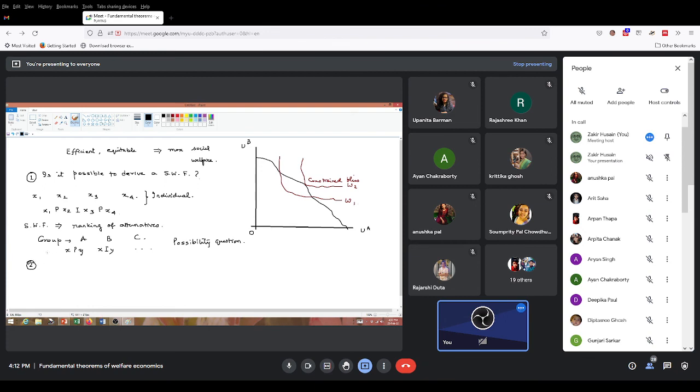The second question is that, okay, I have shown the first fundamental theorem of welfare economics. The first theorem states that if you have competitive markets, this will lead to an efficient equilibrium or Pareto optimal equilibrium.